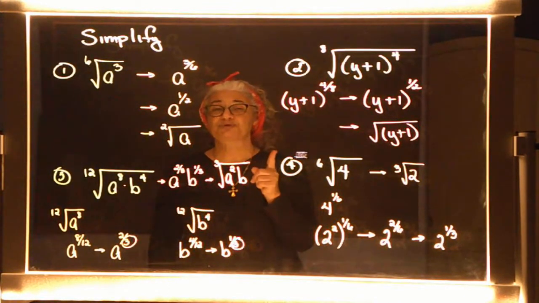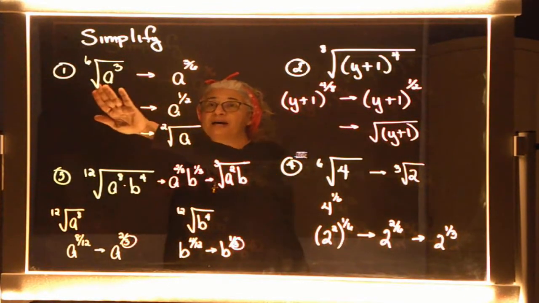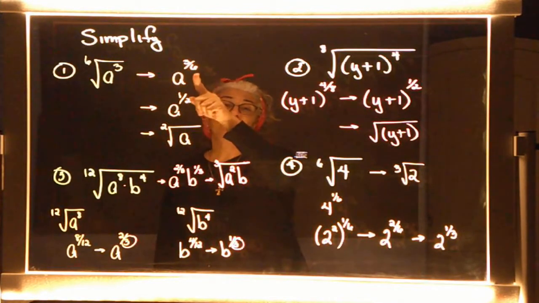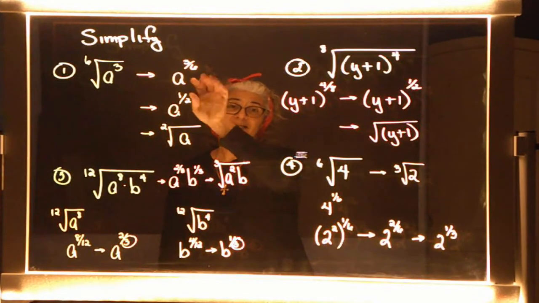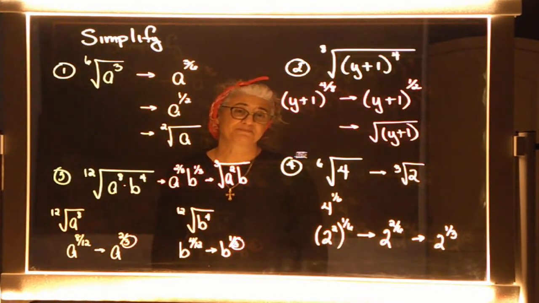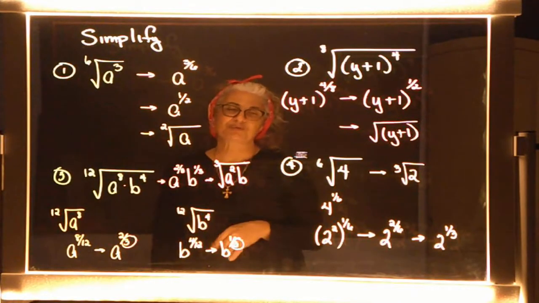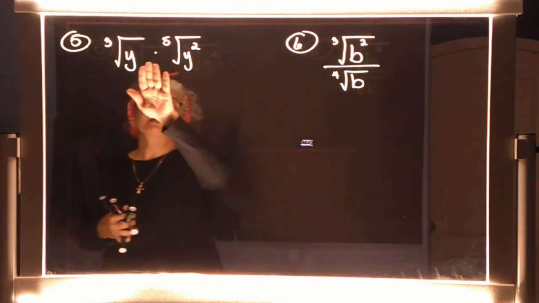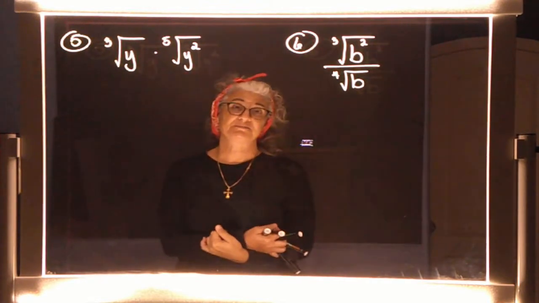So being able to switch between radicals and exponents is important because sometimes it can help you simplify in the exponent form what you couldn't simplify in the radical form. So stay tuned. Got some more problems. Okay, so let's look at this 5th example. They're asking us to multiply these two radicals, right?